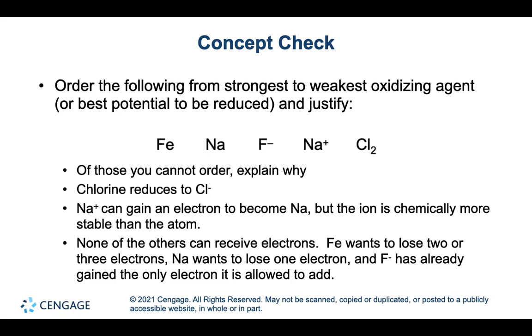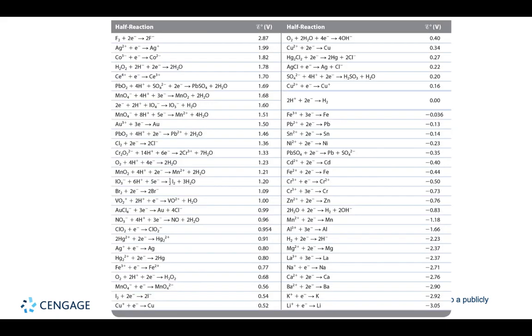But the order would be that Cl2 has the higher potential to be reduced than Na plus. And I gauge that from this chart, because Cl2 being reduced is 1.36 volts, Na plus being reduced is all the way down at negative 2.71. So that means Cl2 wants to be reduced a lot more than Na plus does.